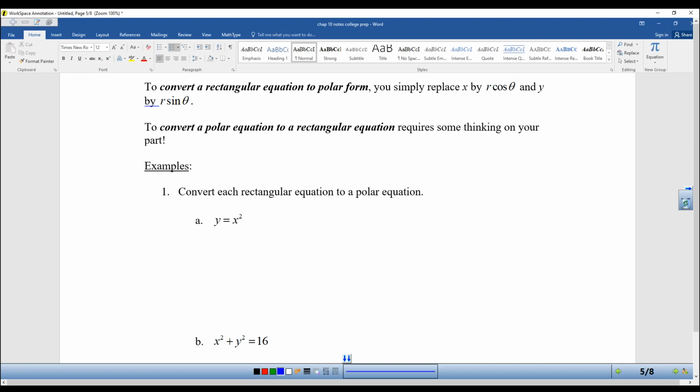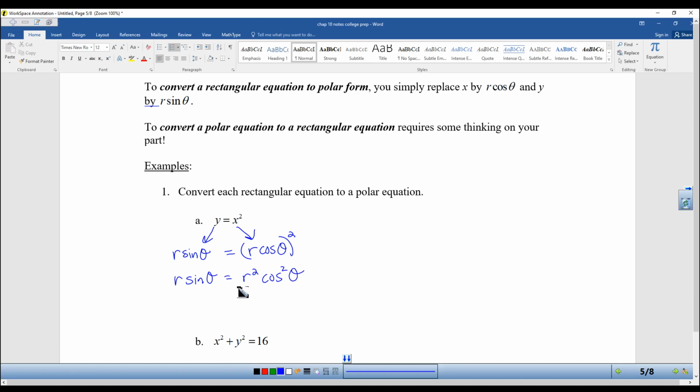So I'm just going to replace y with r sine theta, just like we talked about in the last section. And then x is going to be r cosine theta, but it is squared, and you can distribute that square. So now I have r sine theta is equal to r squared cosine squared theta. So we're just going to get r all by itself like we always do.